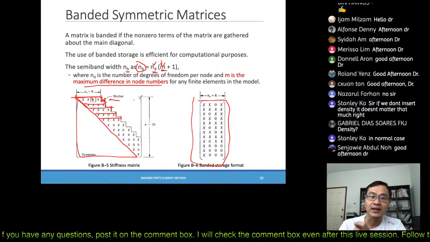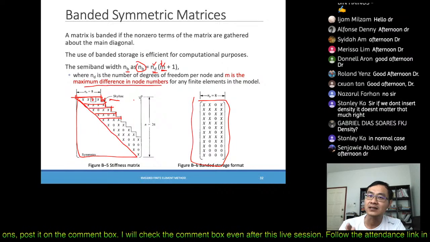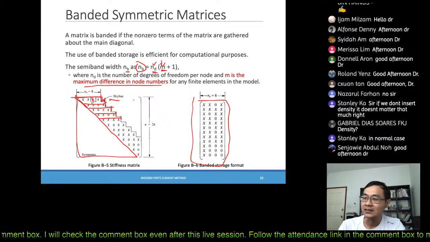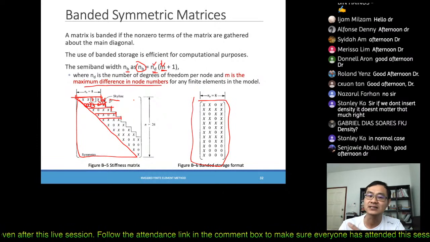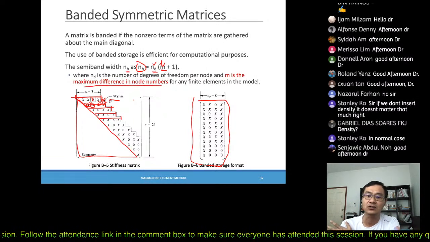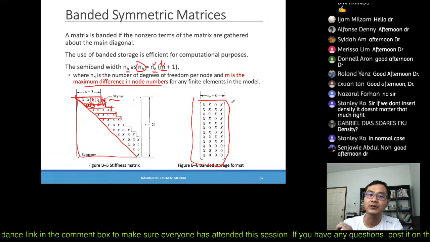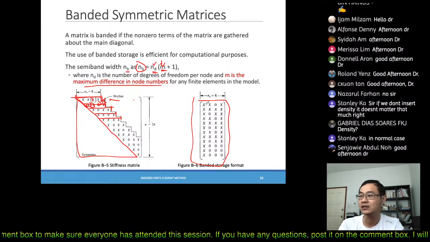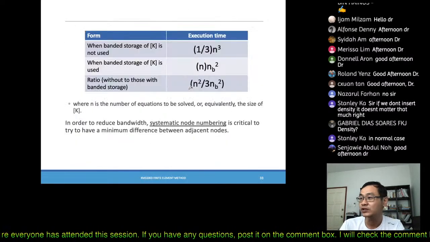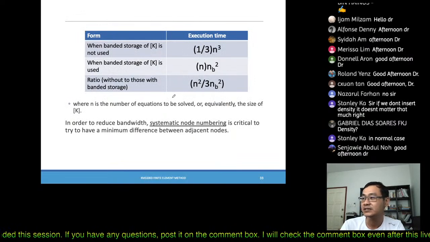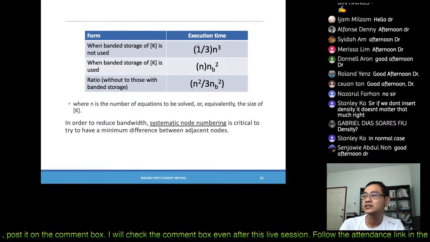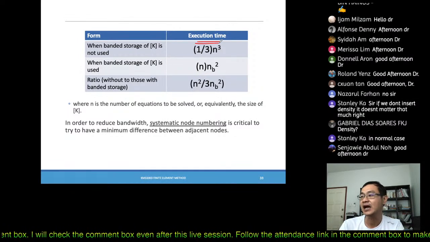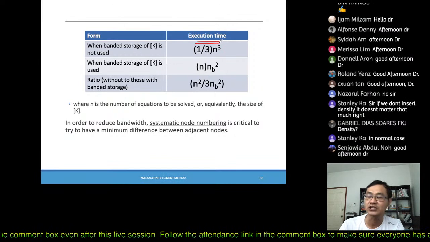Just imagine one element, there may only be 8 entries in the matrix that are filled up, and the rest is zero. You may need a lot of memory to actually store those zeros. So by having this banded storage itself, we can actually expedite our execution time, the computational time itself.